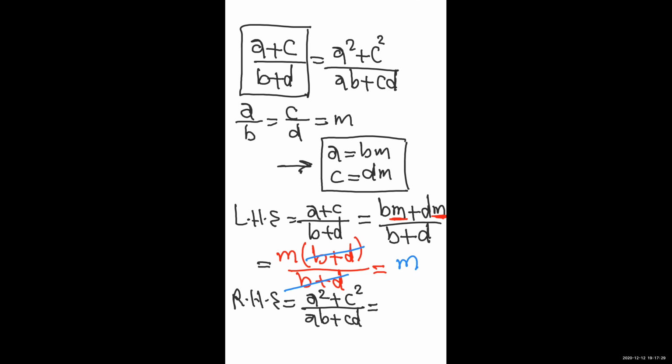Okay, so now A squared means BM squared, so B squared M squared, plus C squared is DM squared, so D squared M squared, over AB, which is B times BM, so B squared M, plus CD. C equals DM, so times D, so D squared M.